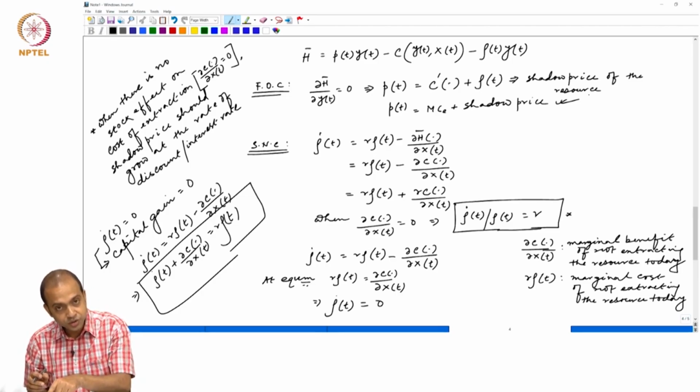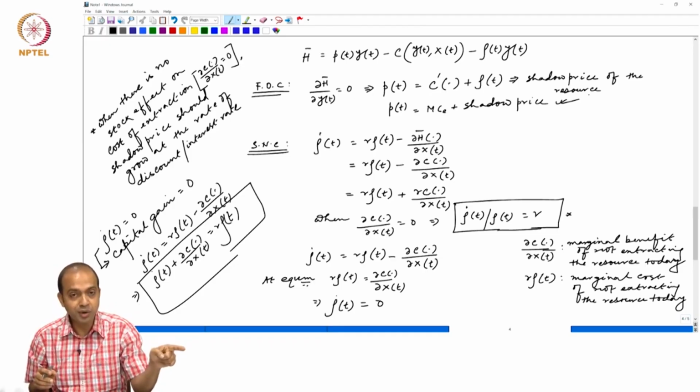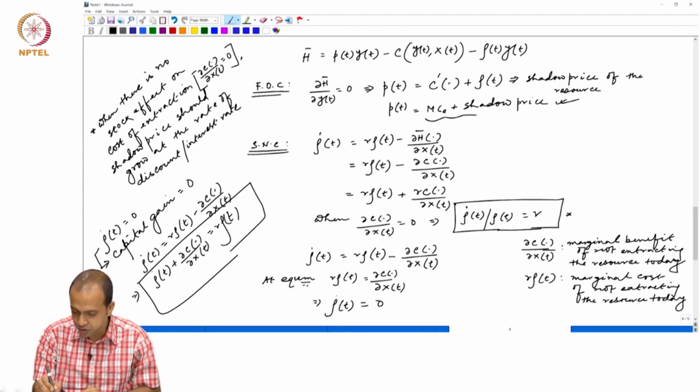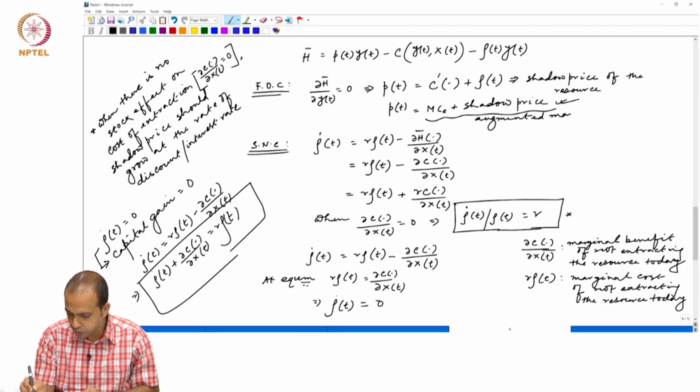This shadow price is equivalent to marginal user cost, MUC, and taken together you can think of it as augmented marginal cost.